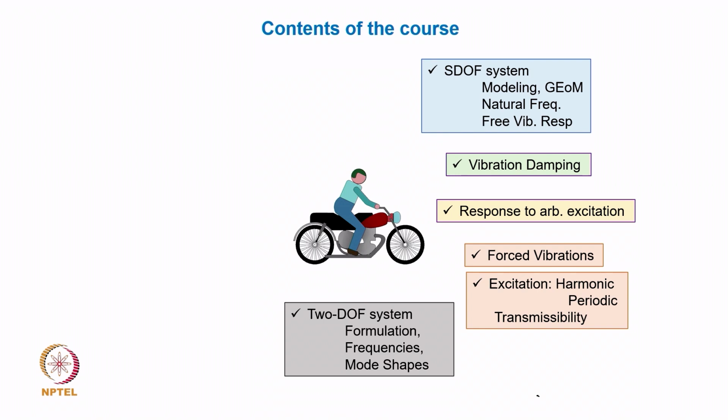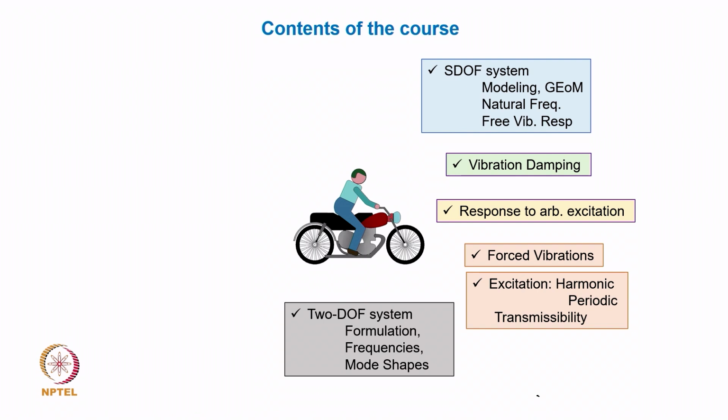Things will be a little more manageable and easier to comprehend, and therefore, instead of migrating straight away from 1 degree to maybe 10 or 15 or 100 degrees of freedom, it makes sense to see how a 2 degree of freedom system's formulation is obtained, how the natural frequencies are obtained, what they actually mean, and what mode shapes are.